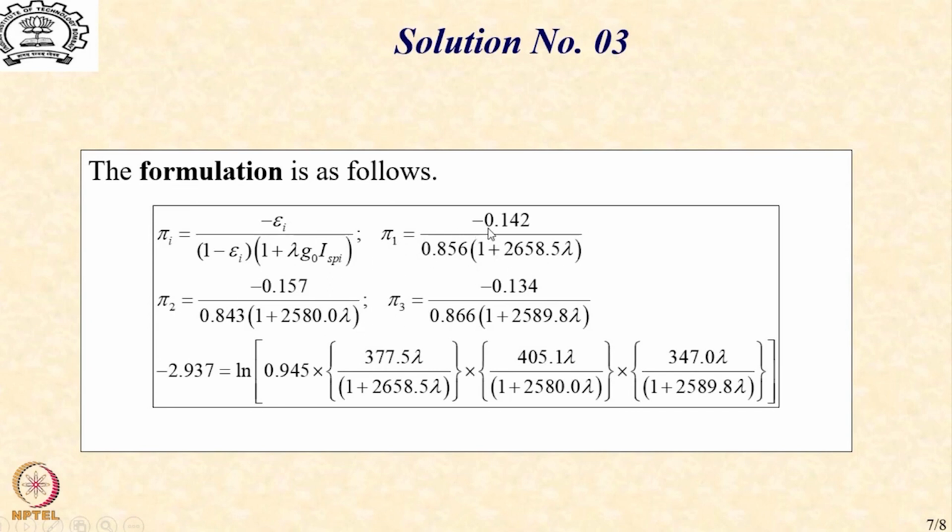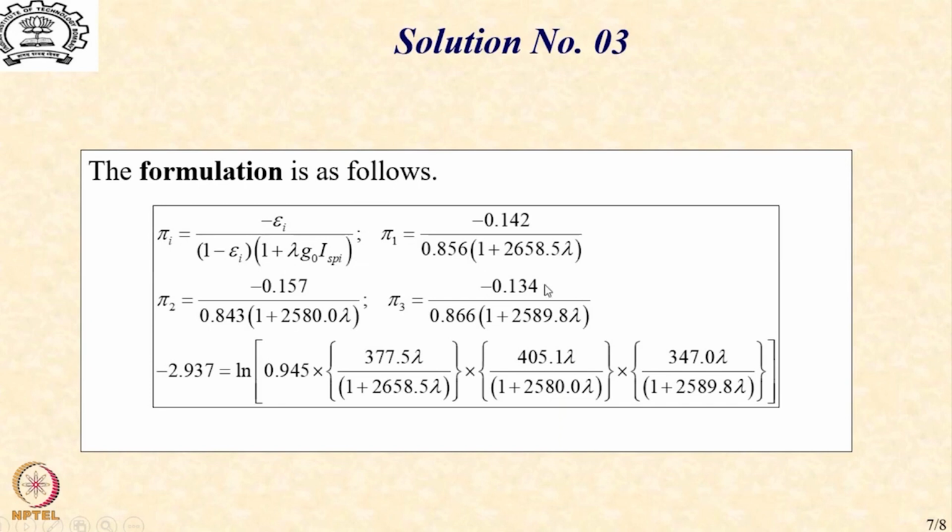So pi 1 is minus 0.142 divided by 0.856 into 1 plus 2658.5 lambda, which is nothing but the g naught Isp. Similarly for pi 2 we get minus 0.157 divided by 0.843 into 1 plus 2580 lambda, and pi 3 is minus 0.134 by 0.866 into 1 plus 2589.8 lambda.